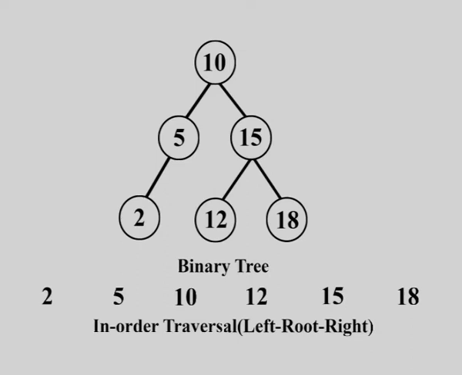After this, it is the turn of node 15. After traversing 15, the right subtree of 15 is visited, as the right subtree contains only one node. So this node 18 is traversed and the process stops as all the nodes of the tree are visited. The traversal order comes out to be 2, 5, 10, 12, 15 and 18.